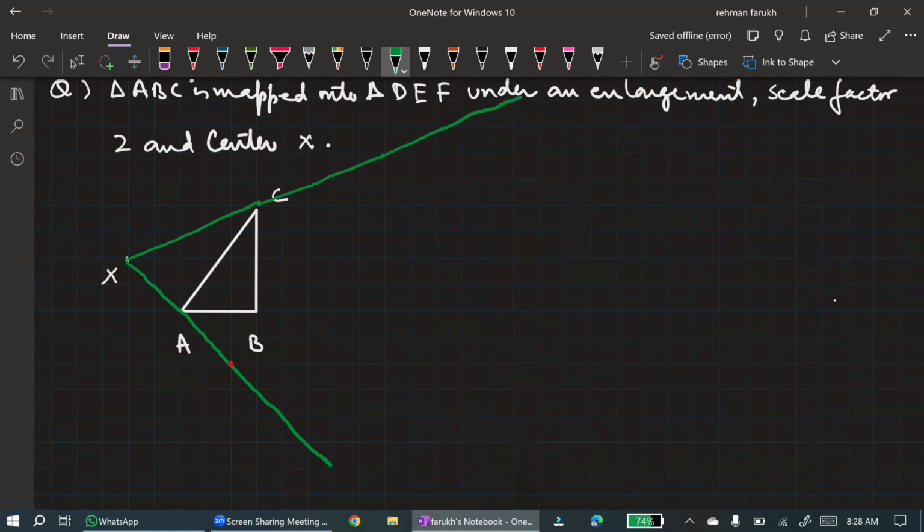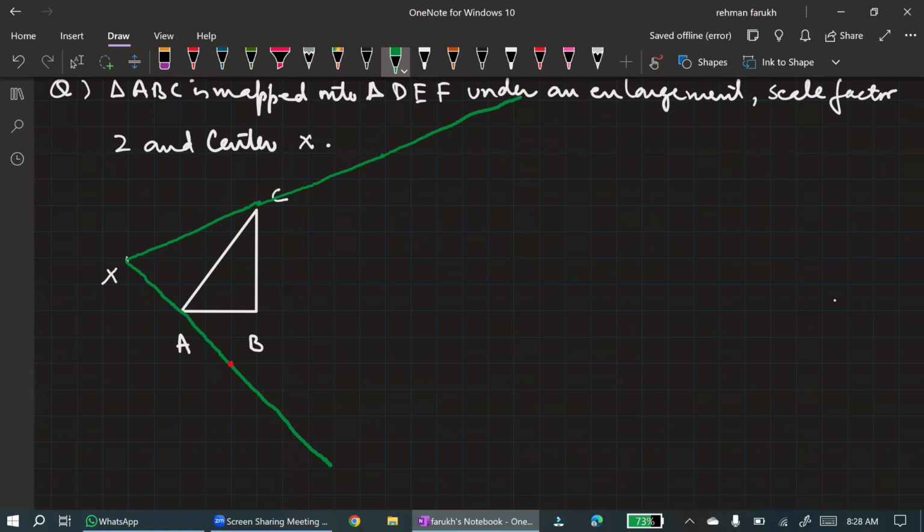Measure the distance XC, multiply the distance with the scale factor and mark the point at a distance from X. Suppose that this distance is 5, multiply this distance with 2, answer is 10.